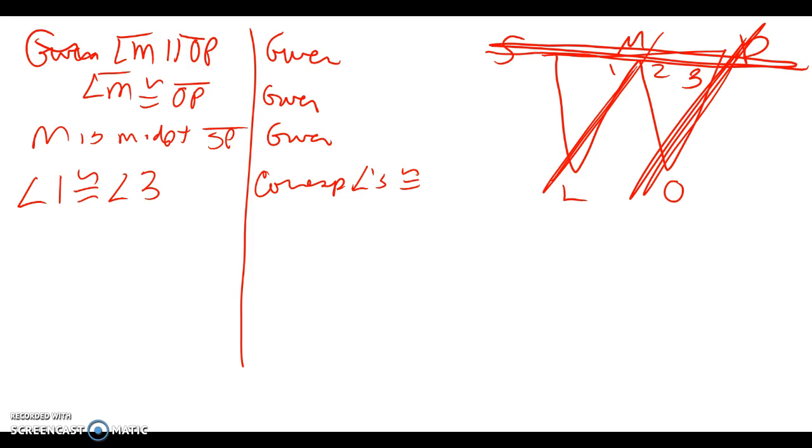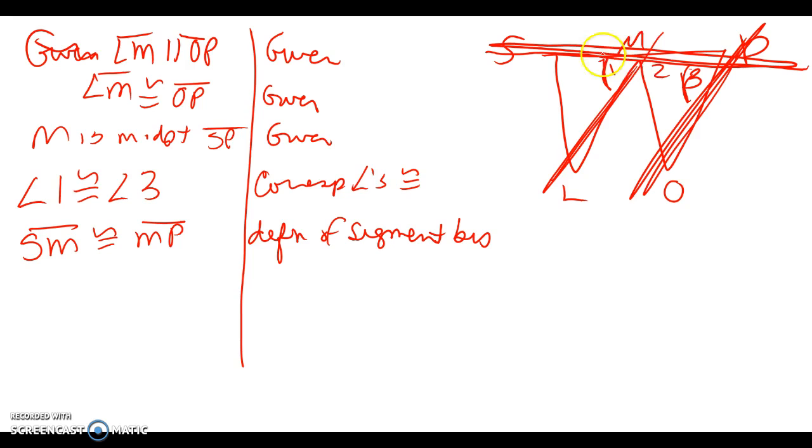Then they said the segment LM is congruent to the segment OP. All right, so we have an angle that's the same, and we have a side that's the same. Then they say that M is the midpoint of SP. Okay, so that means SM is congruent to MP based on definition of segment bisector, right?